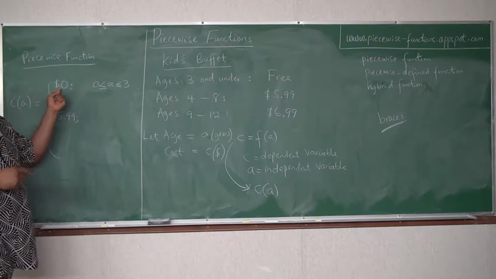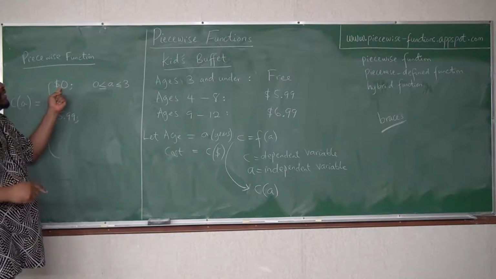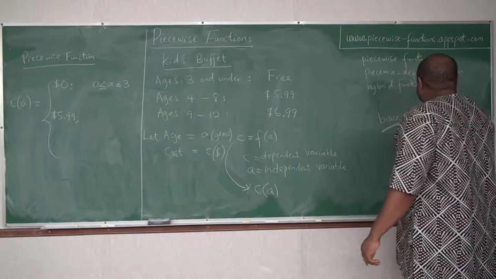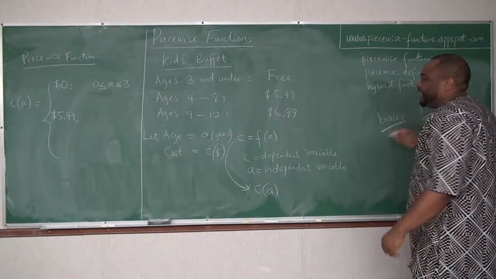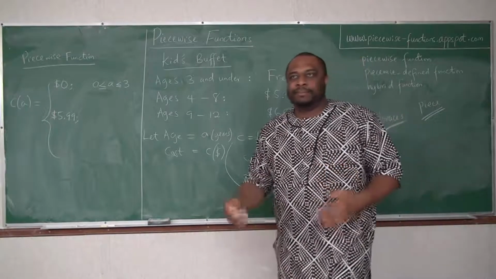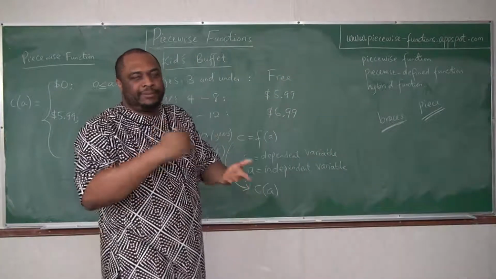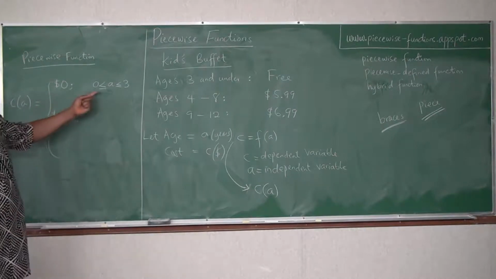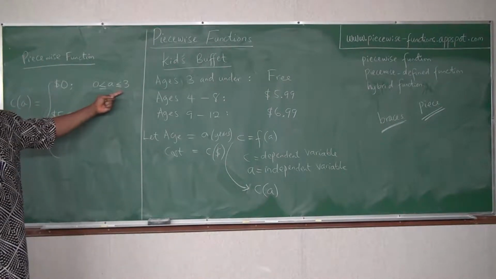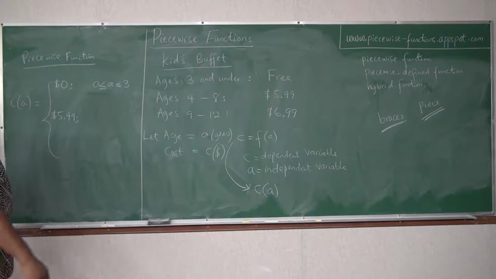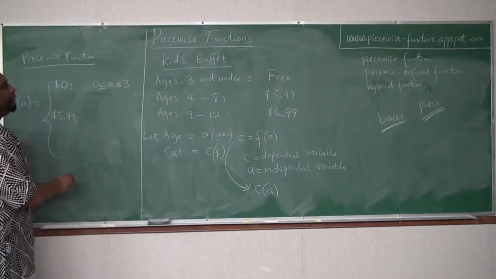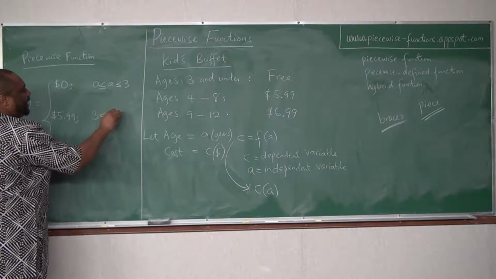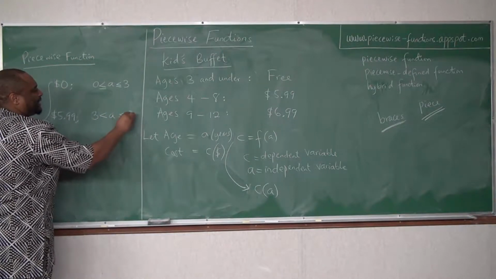This is the first piece, piecewise, pieces in pieces, or piecemeal approach. Then this is the domain for this piece, the interval. This will be from 4 to 8 years, so 3 is less than A, less than or equal to 8.